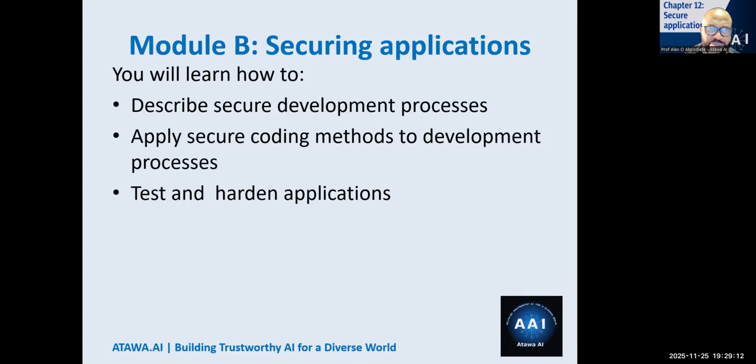All right, Module B is basically securing applications: the secure development process, secure coding methods, and then how we test and harden applications. I should also say that the American Software Quality Assurance Board and the International Software Testing Qualification Board, ISTQB, I know it's a lot of words, okay?